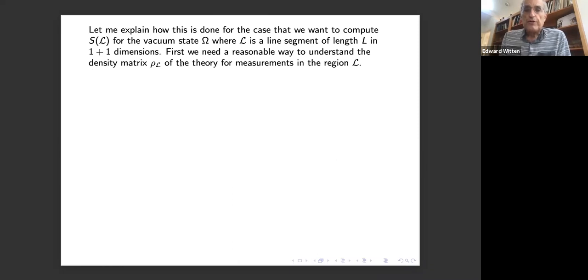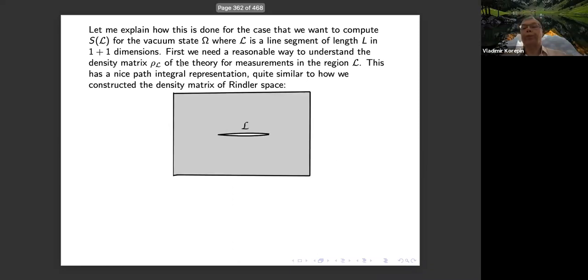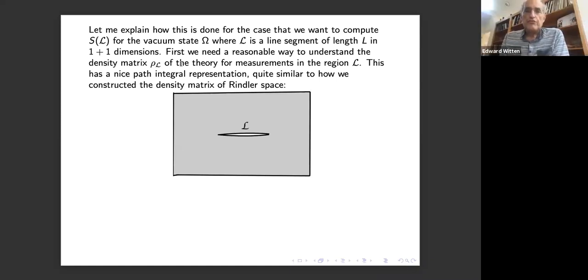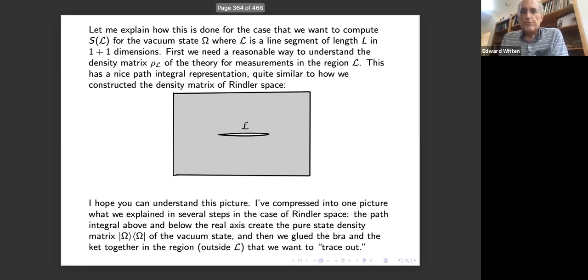First, we need a reasonable way to understand the density matrix of the theory for measurements in the region L. This has a nice path integral representation that's quite similar to how we studied Rindler space. I've compressed into one picture what we explained in several steps for Rindler space. The path integral in the lower half plane and the path integral in the upper half plane construct the pure state density matrix of the vacuum.